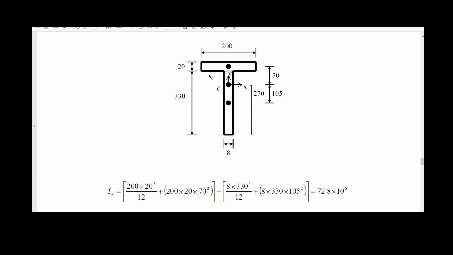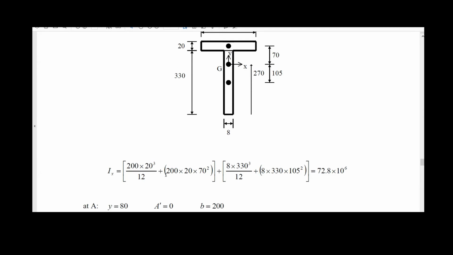You calculate the moment of inertia of every rectangle, plus the area of the rectangle on top multiplied by the distance from its centroid to the centroid of the whole T, plus the moment of inertia of the web of the T, plus the area of the web multiplied by the distance from the centroid of the web to the centroid of the whole T, and you get the moment of inertia regarding the axis X.